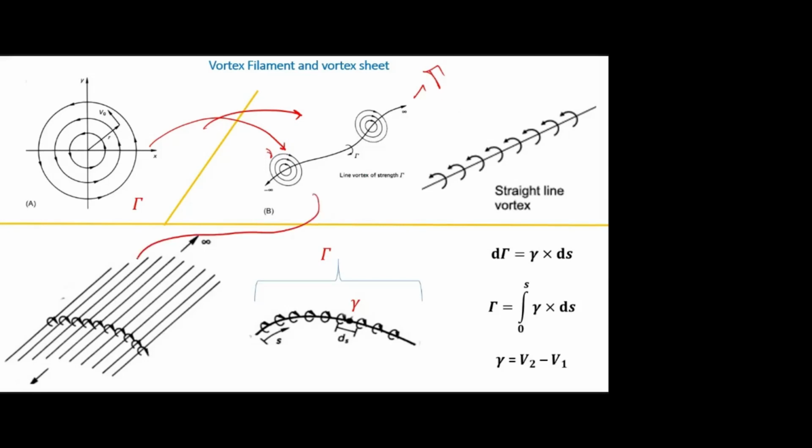When we come to the sheet, the vortex filament has the small gamma, and the complete vortex sheet strength is capital gamma. Here we assume this vortex filament itself is very small. Each vortex has a small strength.